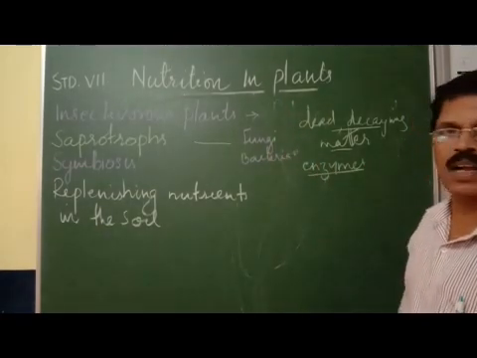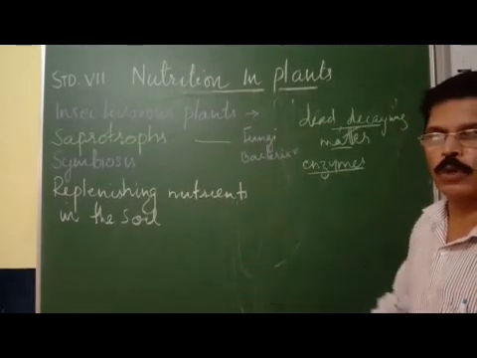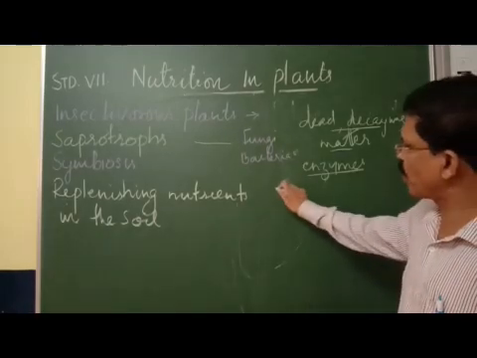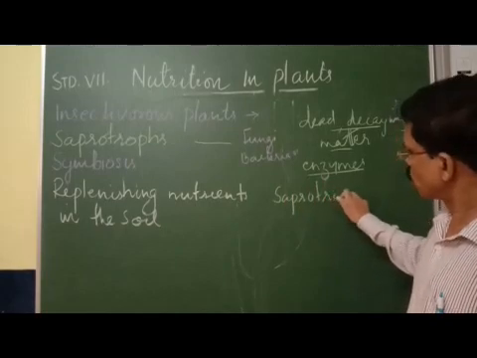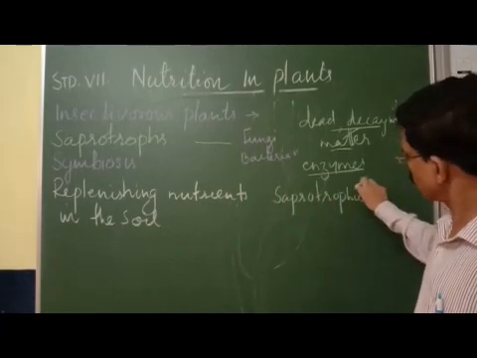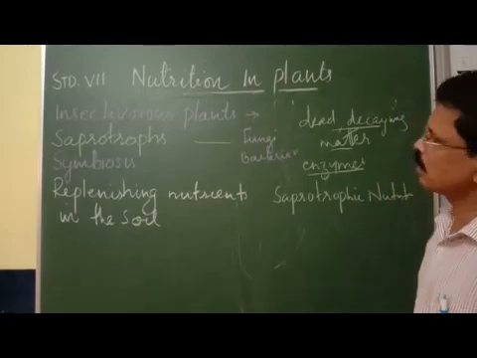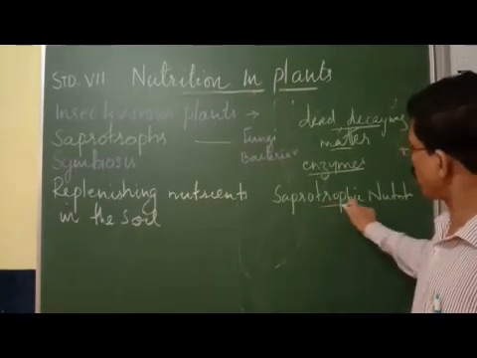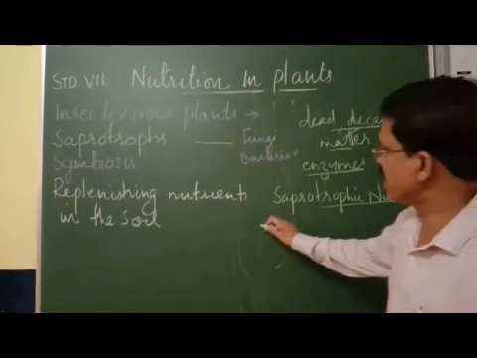The enzymes break down the dead bodies, and from this they absorb the nutrients. This type of nutrition is called saprotrophic nutrition, and the bacteria and fungi which follow saprotrophic nutrition are called saprotrophs or saprophytes.